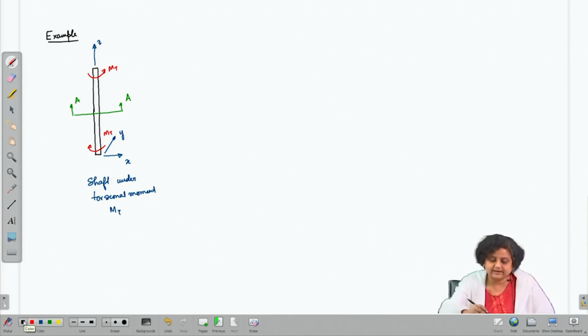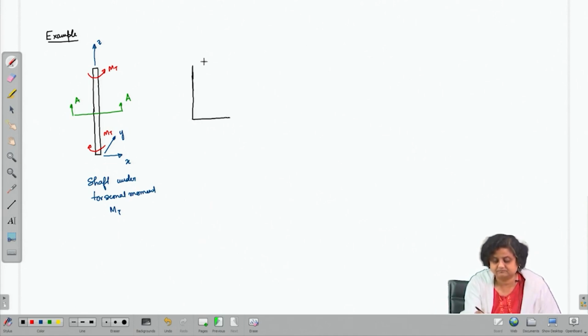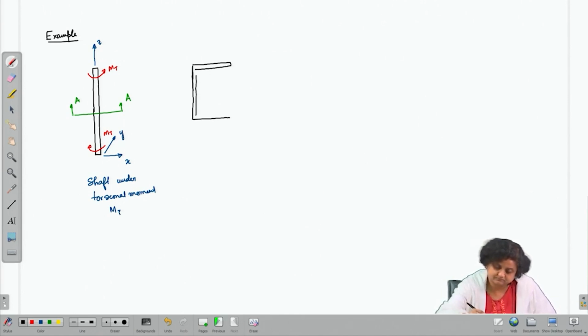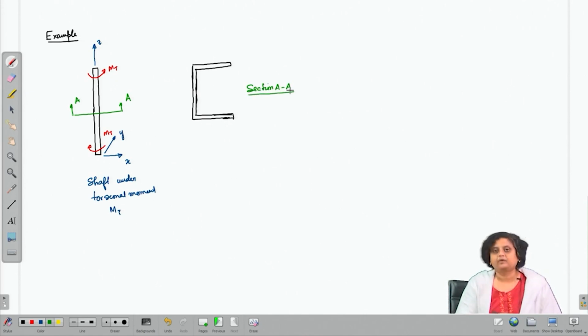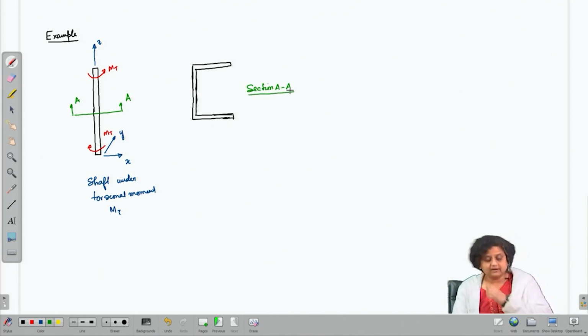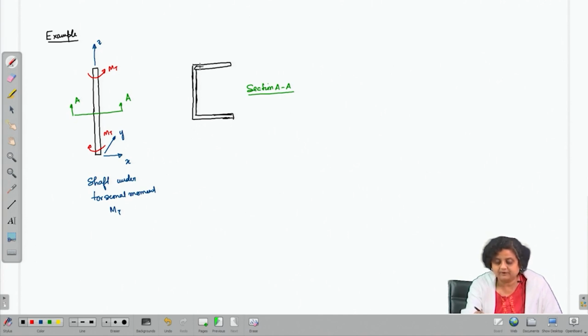Now let this cross section be the shape of a C. Okay, so this is section AA.